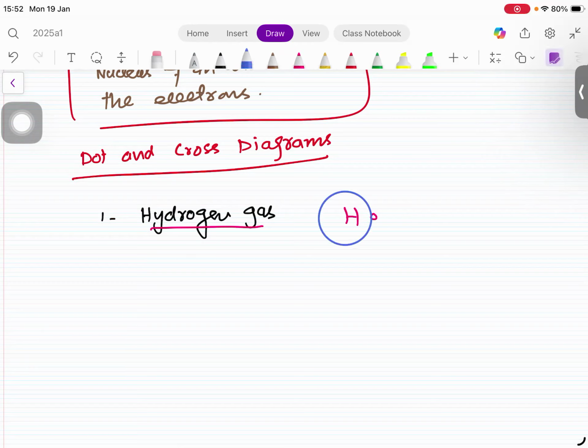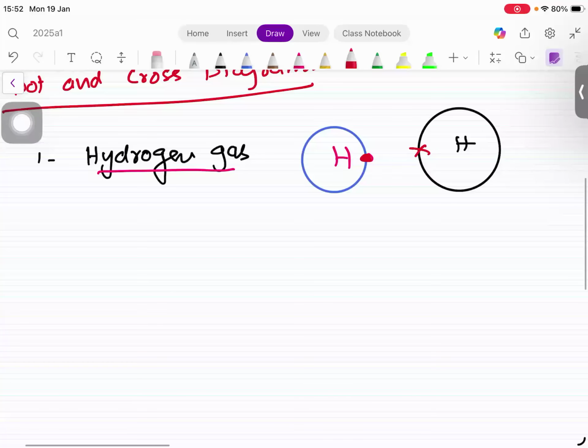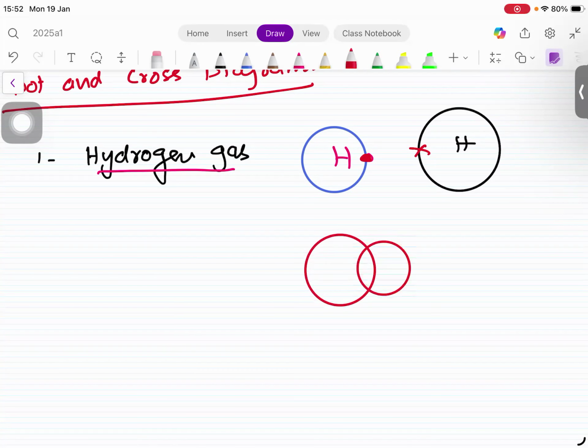Then there is another hydrogen having 1 electron in the valence shell. So how are they going to form a covalent bond? They will overlap and share, and both of them will have 2 electrons in the valence shell, which they need because the first shell is the valence shell.